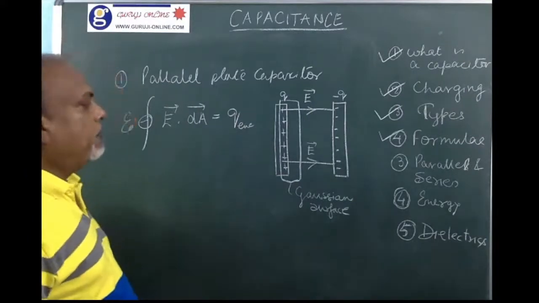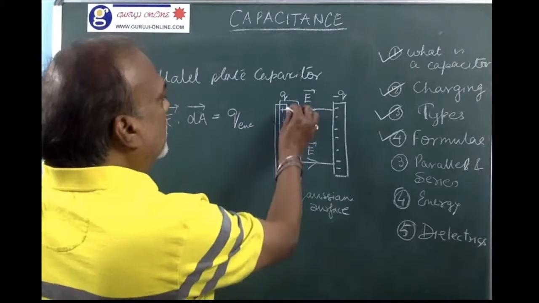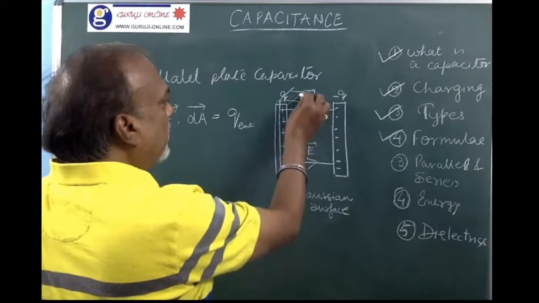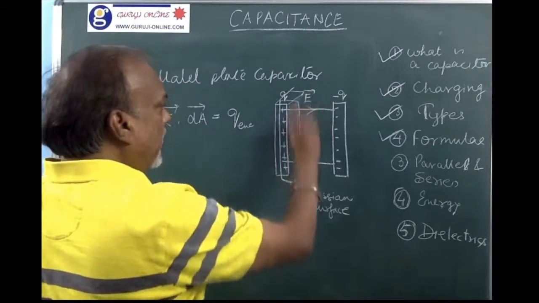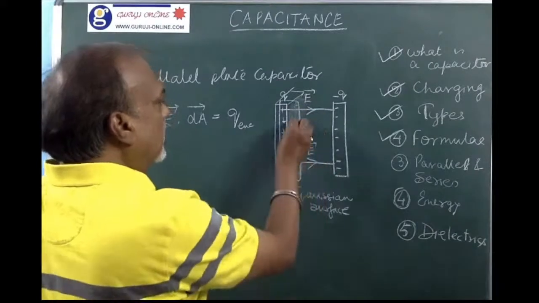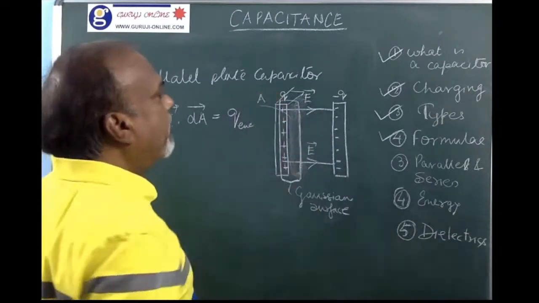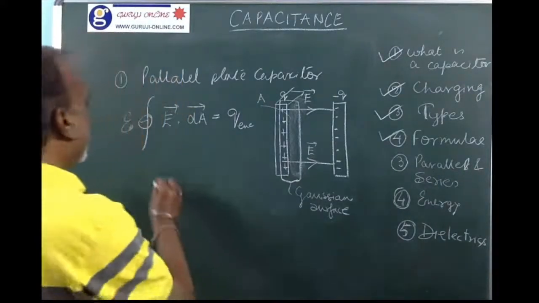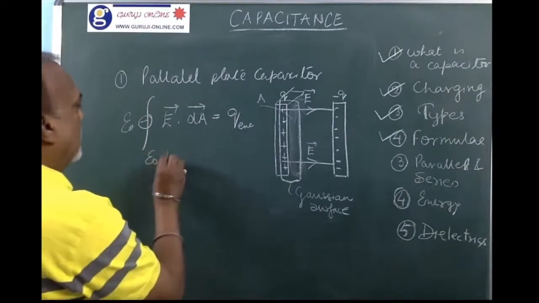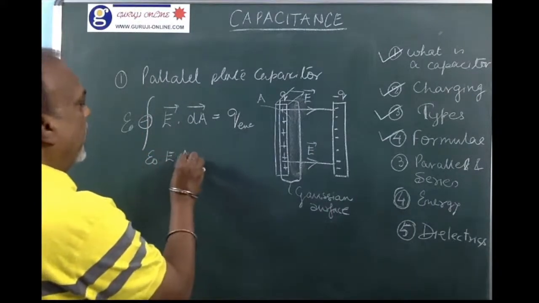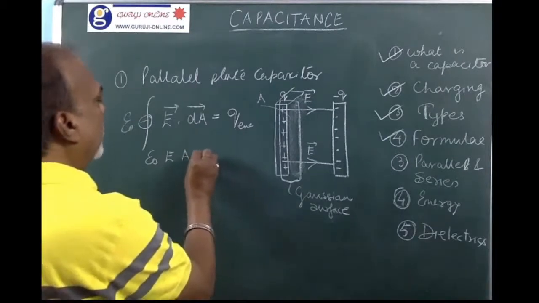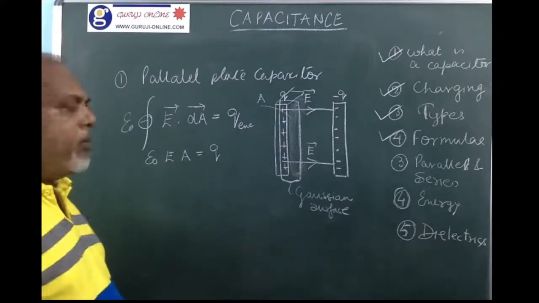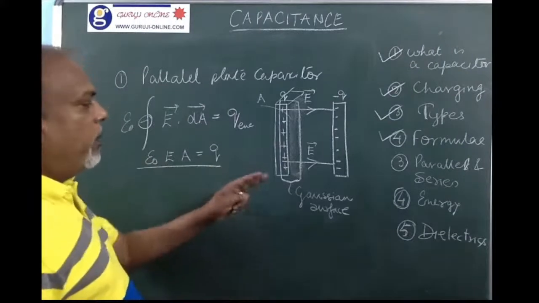This was our formula. Now in this case, suppose this is the parallel plate and this area is A. Then epsilon 0 E into A will be nothing but Q enclosed, that is Q. This is in case of parallel plate capacitors.